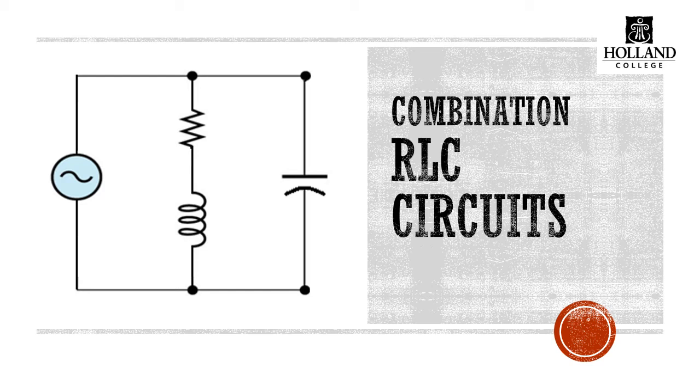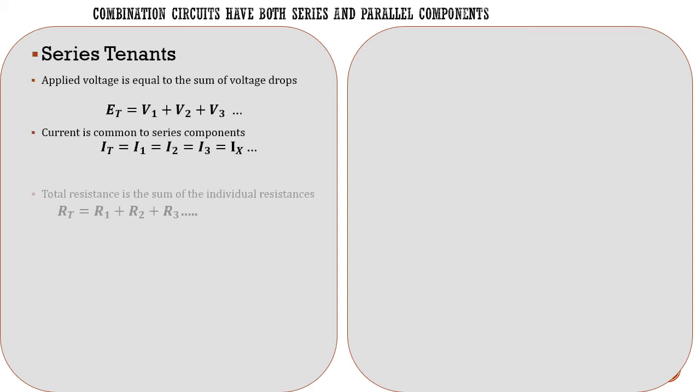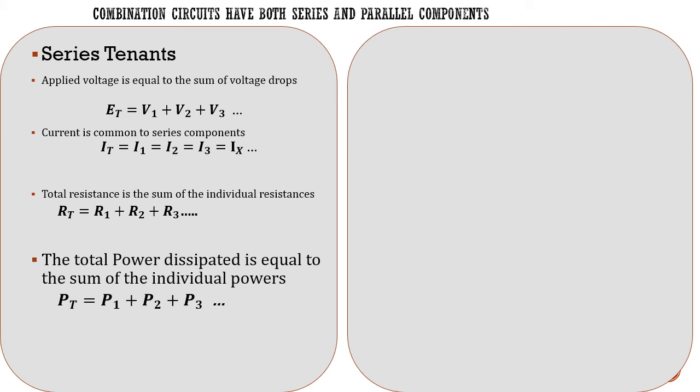So how would we go about solving something like this? Well, when we compare and contrast our series and parallel tenets, we need to look for something common. In series, voltage adds, current is common, resistance adds, well, vectorially, and powers always add.